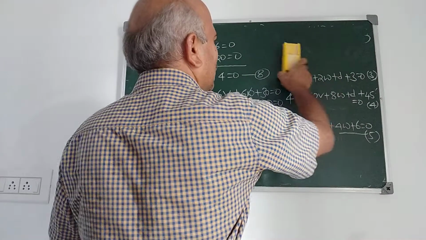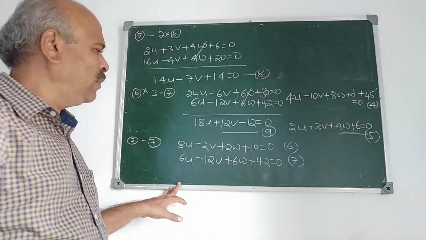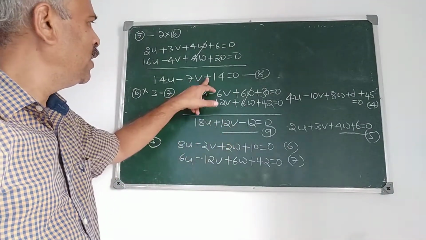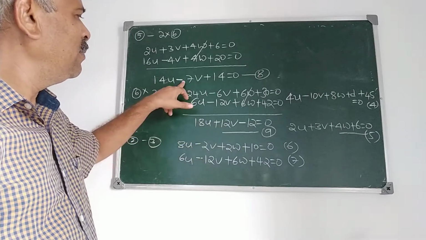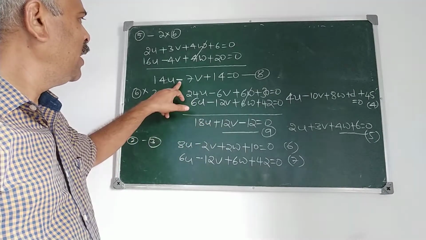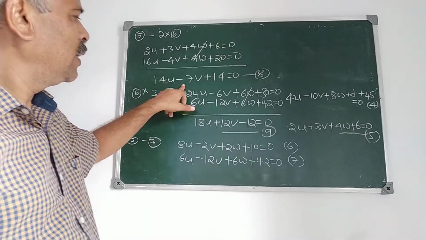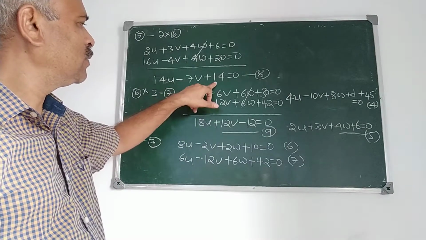Now 8 and 9 are two equations in u and v. Correct? Now we have to eliminate this v from 8 and 9. For that, 14, minus 7, plus 14.